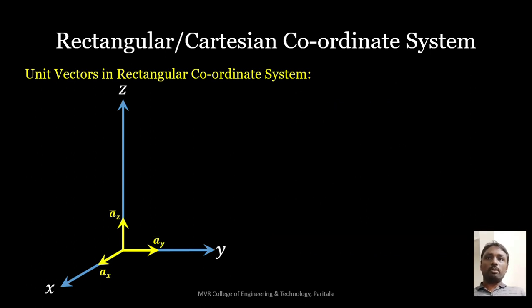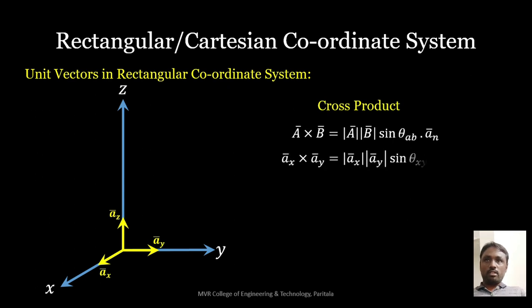Now the cross product between two different vectors. Now ax bar cross ay bar is equal to what? Now it is needed to identify a n cap, otherwise a n bar. Modulus ax bar is equal to 1, modulus ay bar is equal to 1.